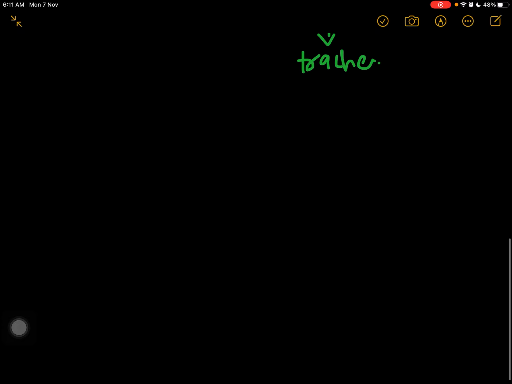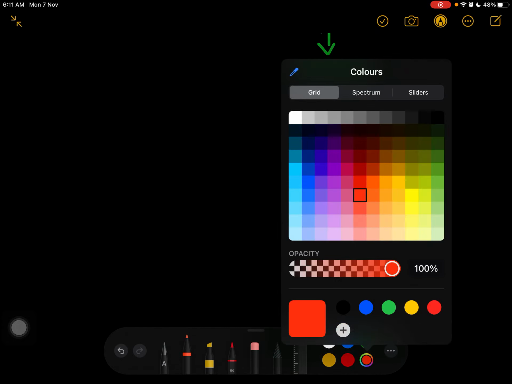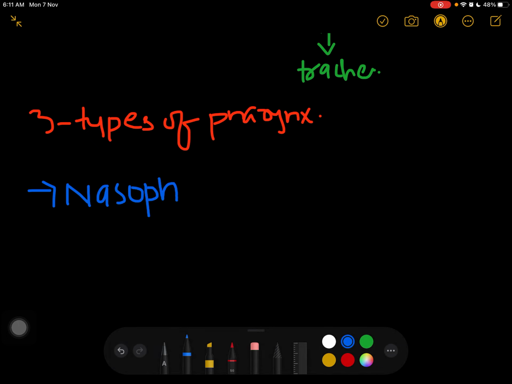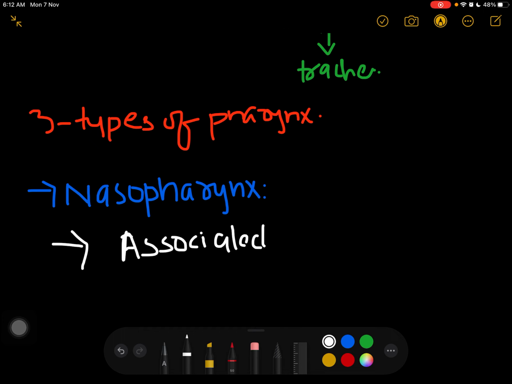Now the pharynx. There are three types of pharynx. Number first is known as nasopharynx. It is associated with your nasal chamber, your nasal cavity basically.